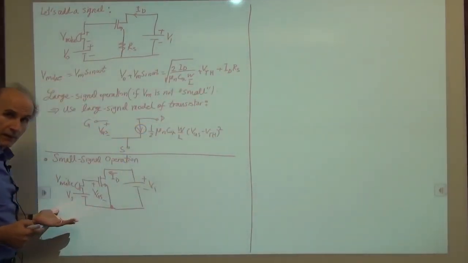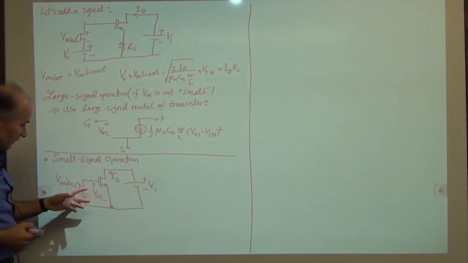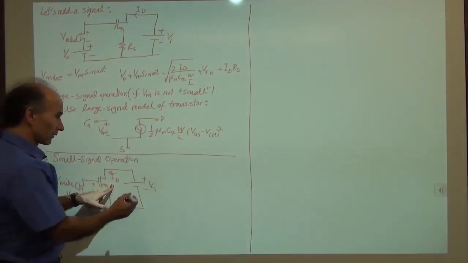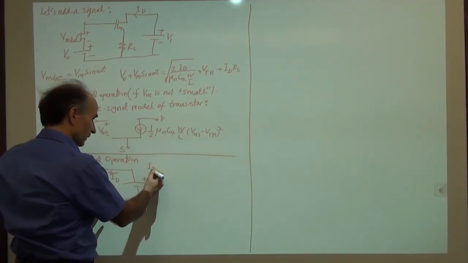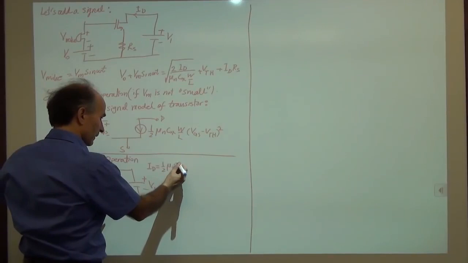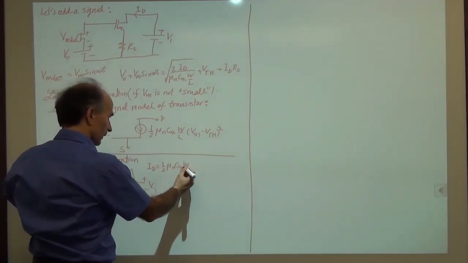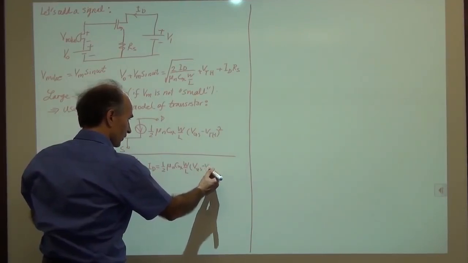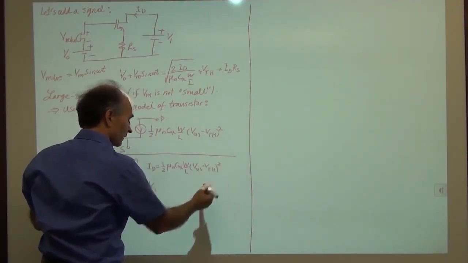But here, it's very simple. VGS is just equal to this. So I can write ID directly. I can write ID is equal to 1/2 of mu n C aux W over L (VGS minus VTH) squared.